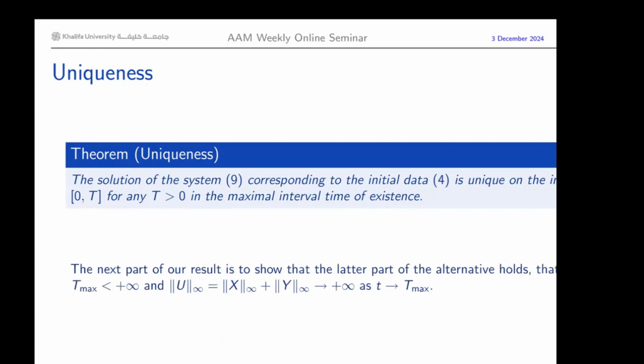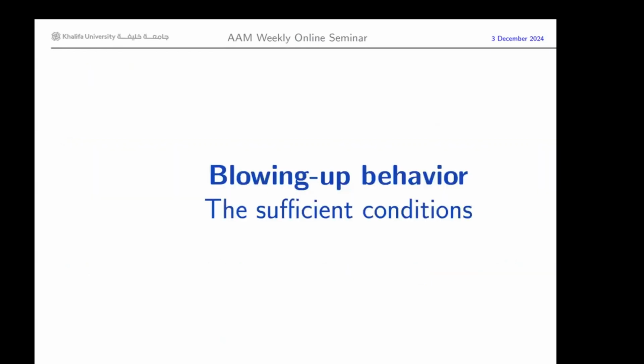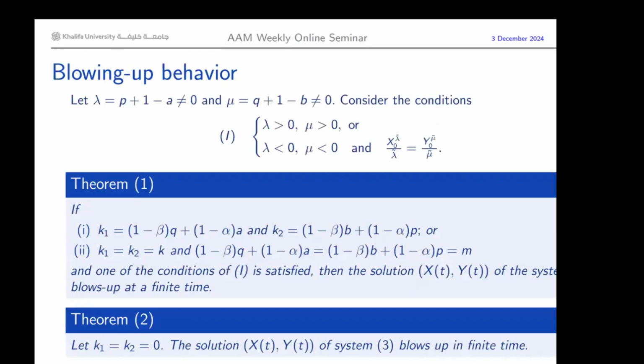So the next thing to show is that in our case it is really the latter part of the alternative that holds, meaning that Tmax is indeed finite, and that the solution goes to infinity as t goes to Tmax. So here we characterize under which condition the blowing up solution occurs. Again, we denote by lambda and mu: lambda is the interaction between the powers of x, and mu is the interaction of the powers of y.